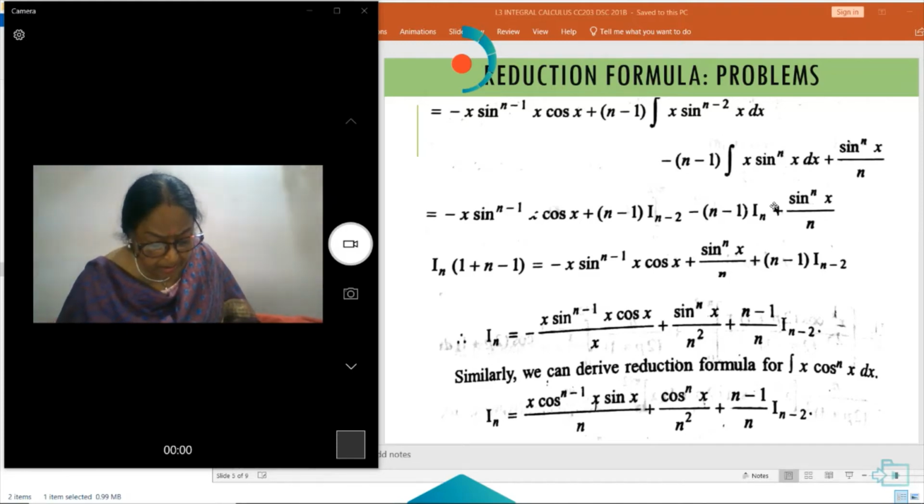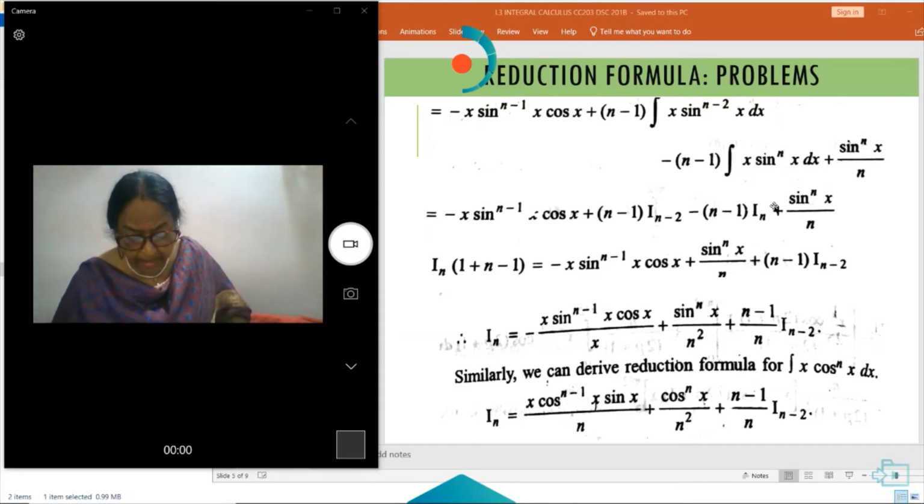minus n minus 1 x into sine to the power nx dx can be written as minus n minus 1 In.